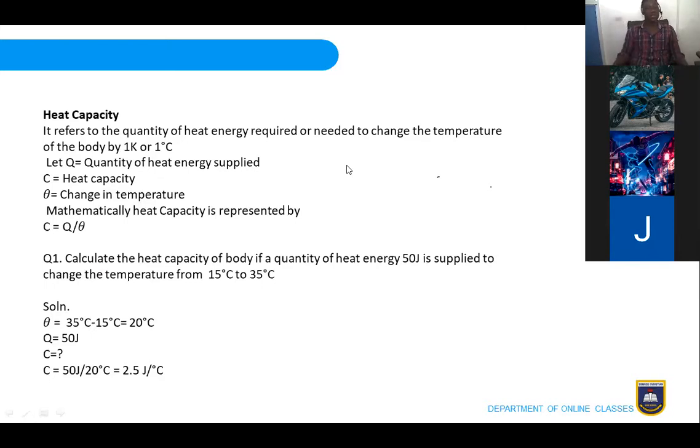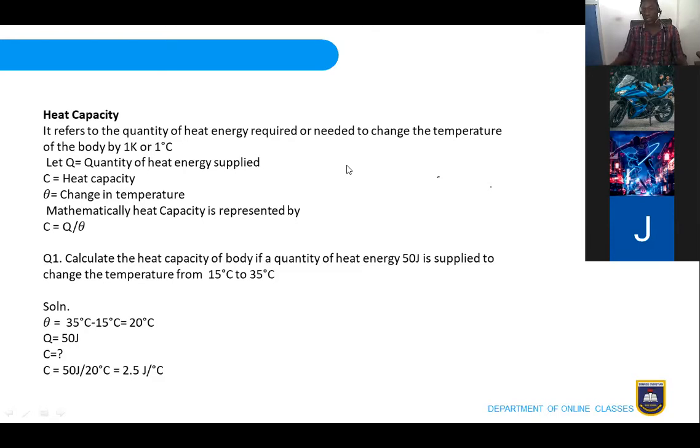Q, C, and theta will be used in the formula. Q in the formula represents the quantity of heat energy supplied, and the C over there is capital C. Note that capital C, because we'll be looking at another one later, the specific heat capacity, which is represented by small c.